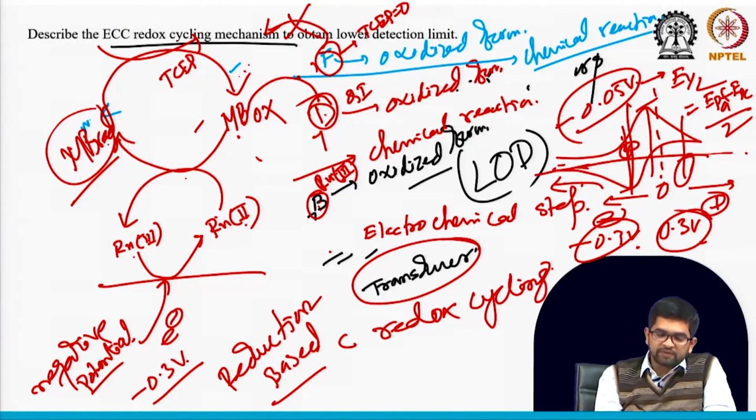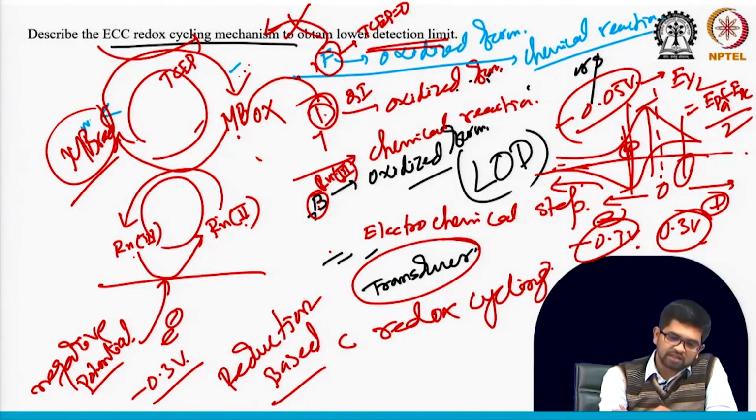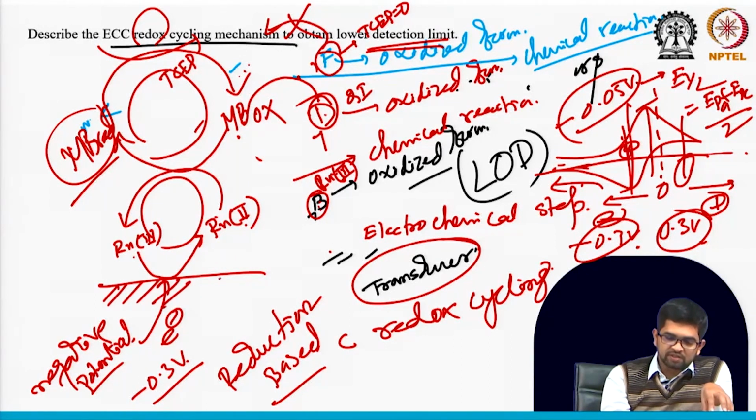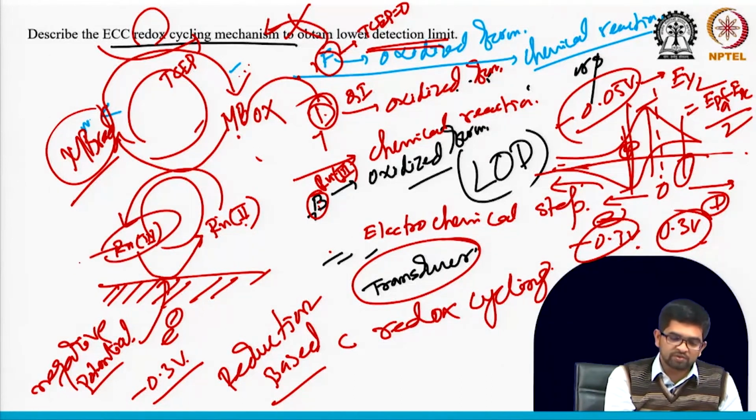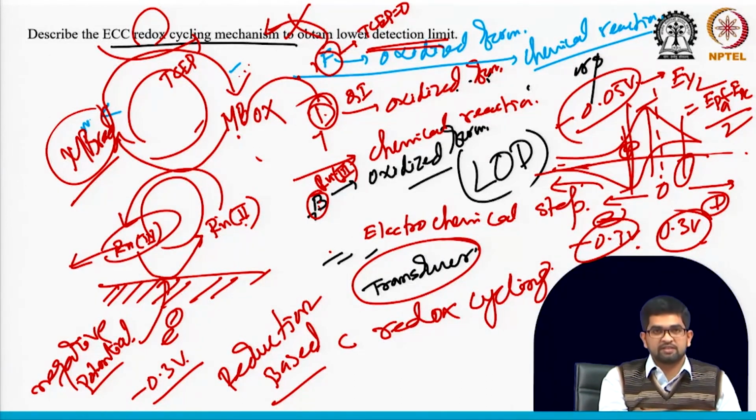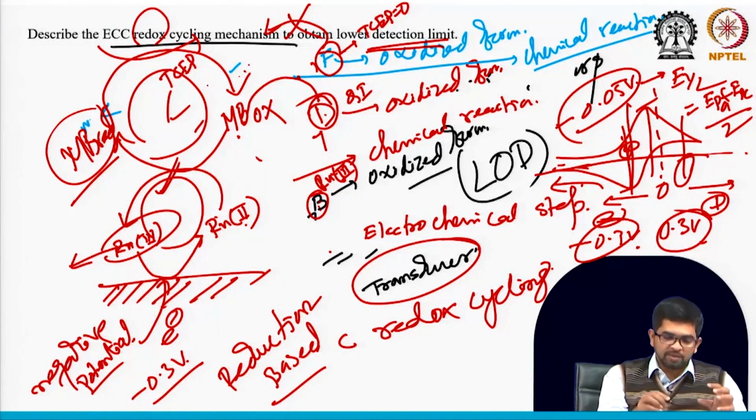As I told you in the very first class, to get the lower limit of detection, ECC redox cycling is used. There is one cycling, another cycling, then oxidation or reduction happens. Because of the cycling reactions on your electrode surface, the species you are going to oxidize or reduce is repeatedly regenerated, and because of many cycles it reaches a very high concentration and generates a high current.